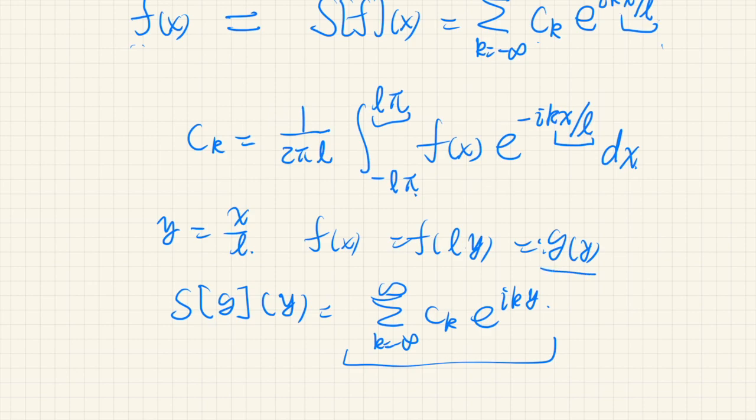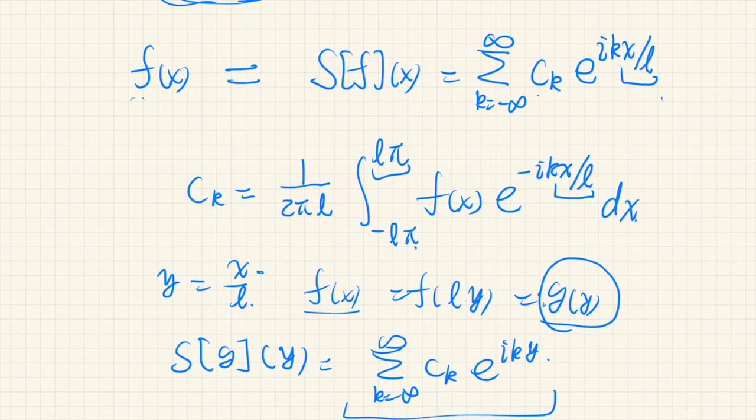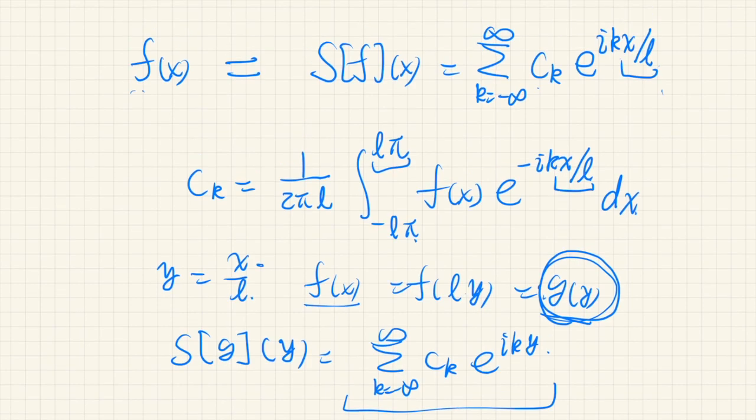And in fact, this function g of y has a period of 2 pi, because f of x has period 2 pi L, and if we divide that by L, then this function of y has a period of 2 pi. So all of the properties we have proved about the Fourier series for functions with a period of 2 pi are applicable to functions of any period.